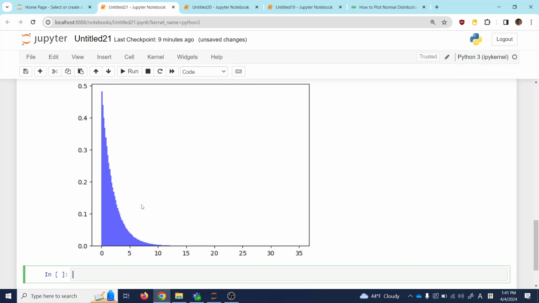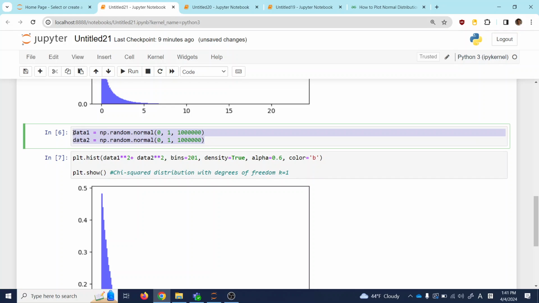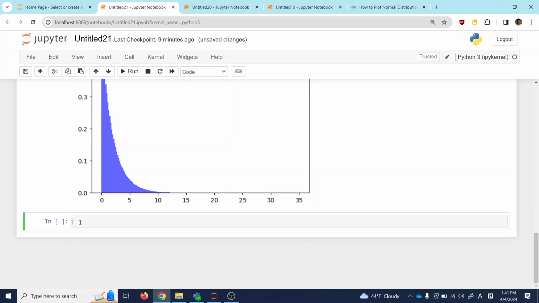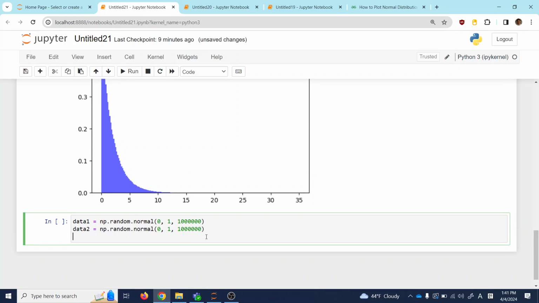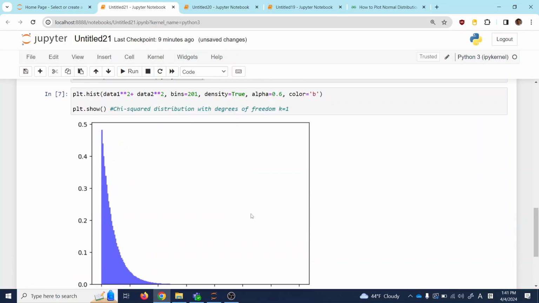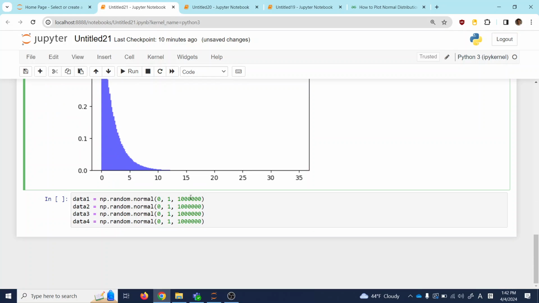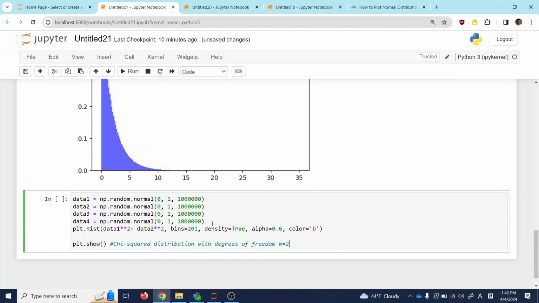What if I have another one, data 3? Let's go with data 3 and 4, okay? This one here is 2 degrees of freedom, but I'm going to now generate the chi-square distribution with 4 degrees of freedom.